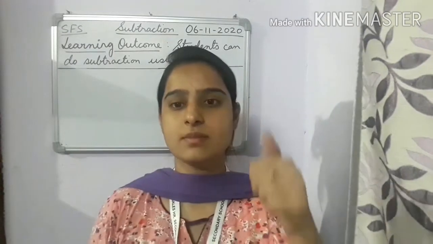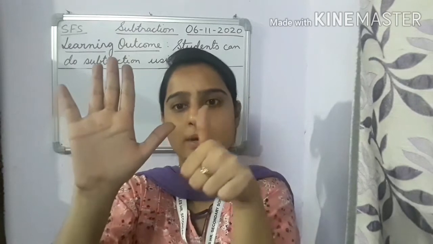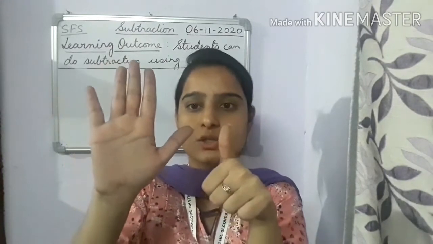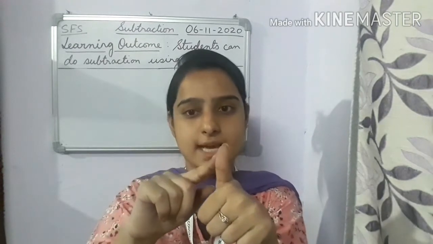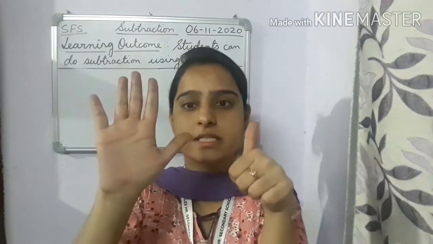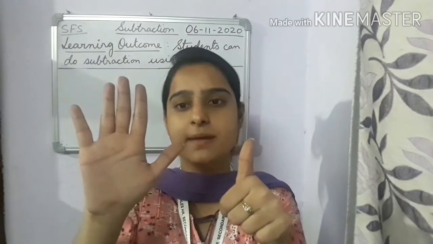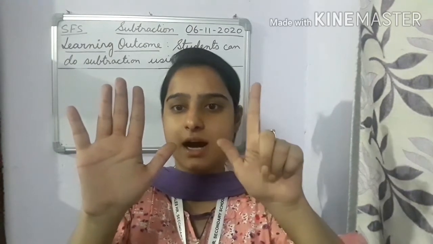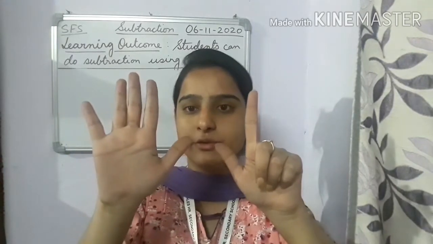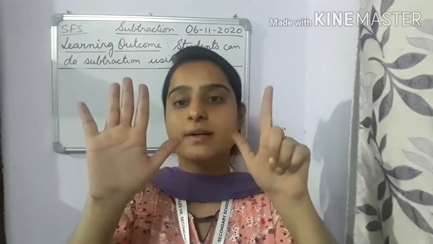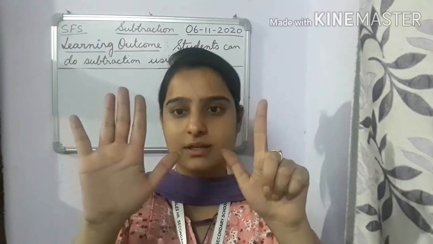Understood? Now if I keep these fingers open and I've opened one more finger along with it, so total how many fingers are here? This is 5, 6. So this shows it is 6 fingers. Okay? If I open other finger of the other hand, children, then total if you count, how many fingers will you get? 7 fingers. Okay?